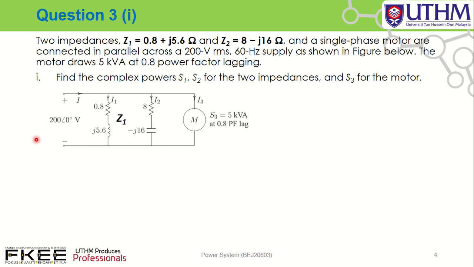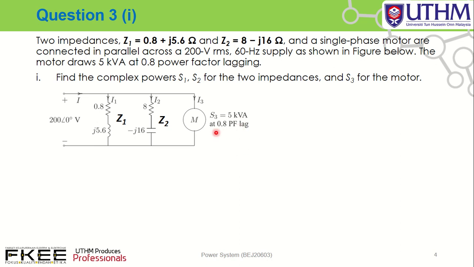Then Z1 equals 0.8 plus j5.6 ohm, and Z2, impedance 2, is 8 minus j16 ohm. For load number 3, we have a motor with apparent power S3 equal to 5000 volt ampere, or 5 kilovolt ampere, at a lagging power factor of 0.8.